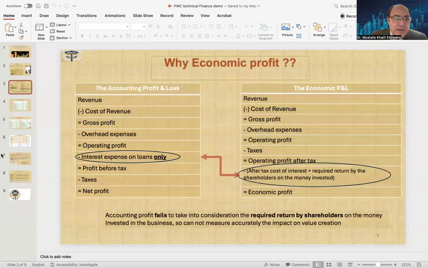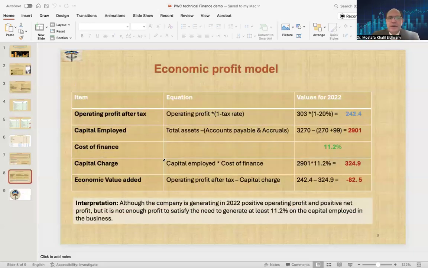How do we quantify it? We quantify it by a model called the EVA model, the economic value added model. You start by getting your operating profit after tax only, not after interest and tax, because you are going to deal with your finance cost in the way of the cost of capital, the WACC, the weighted average cost of capital.